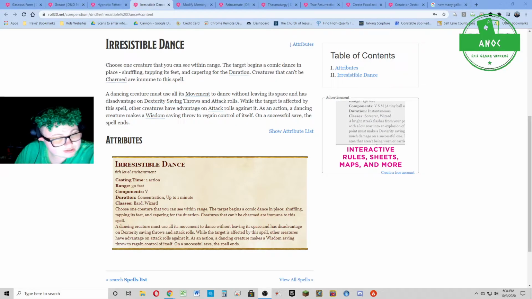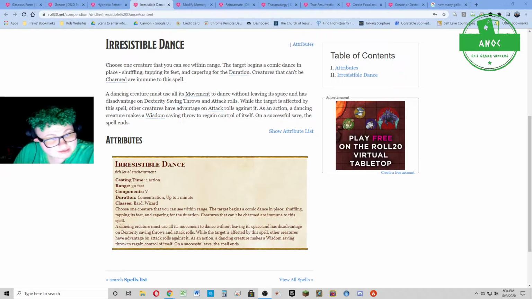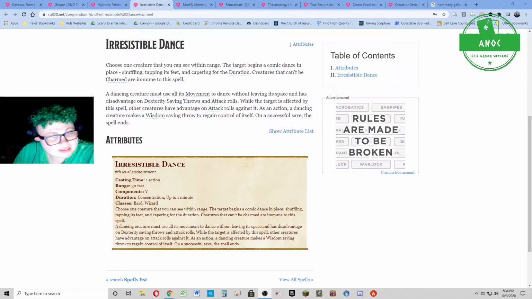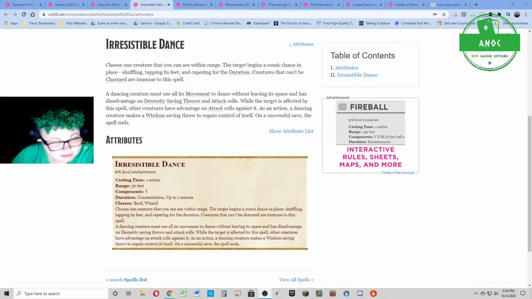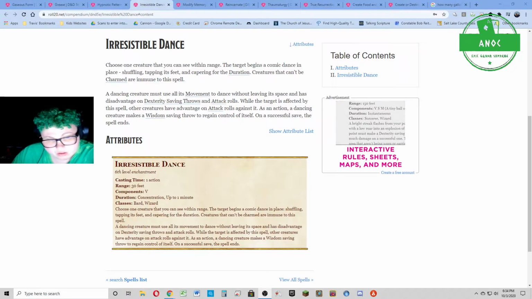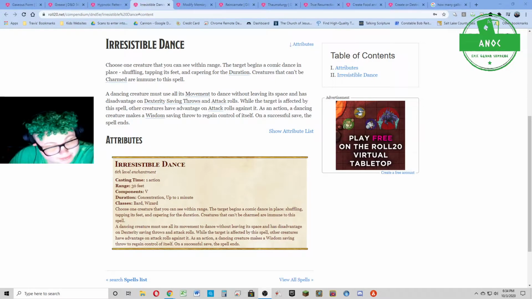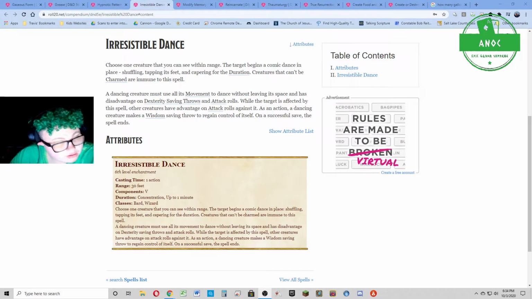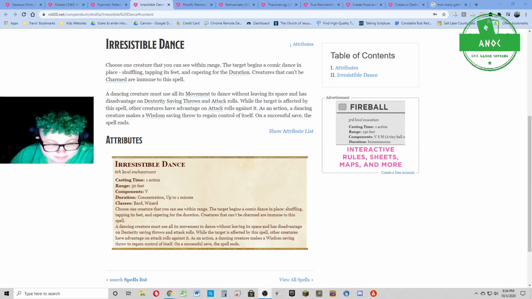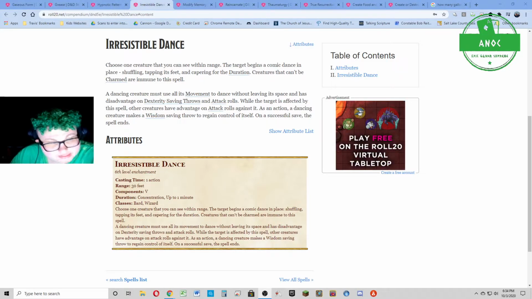Choose 1 creature that you can see within range. The target begins a comic dance in place, shuffling, tapping its feet, and capering for the duration. Creatures that can't be charmed are immune to the spell. A dancing creature must use all its movement to dance without leaving its space, and has disadvantage on dexterity saving throws and attack rolls.